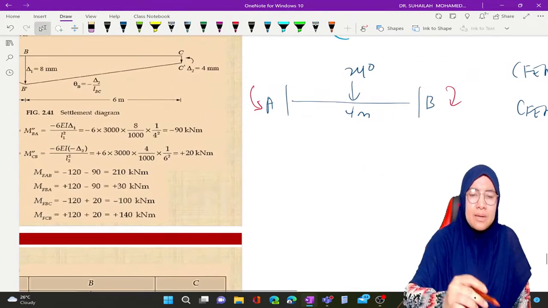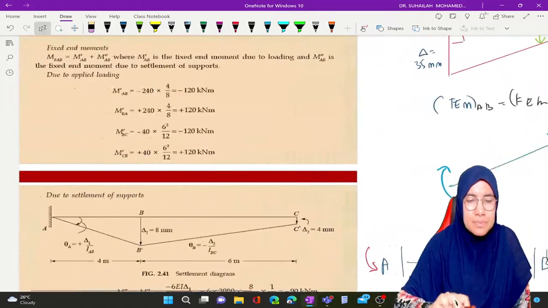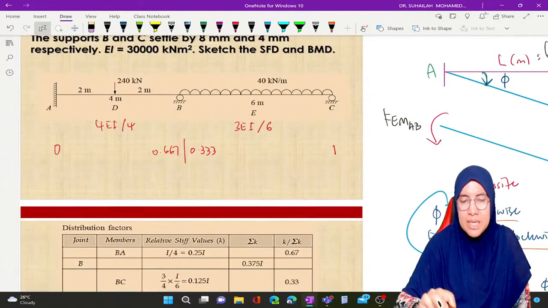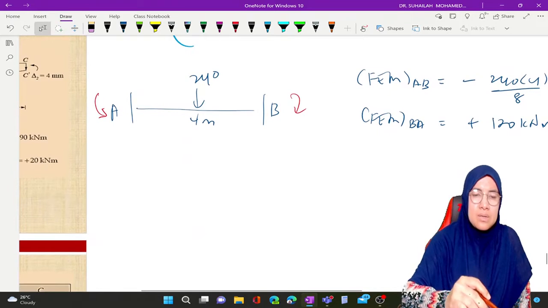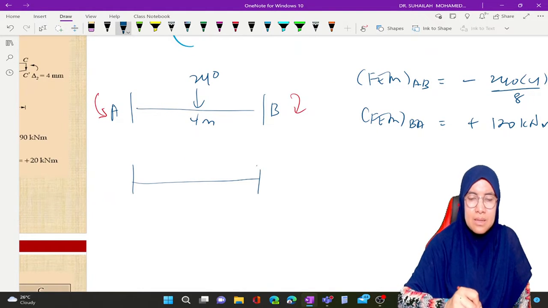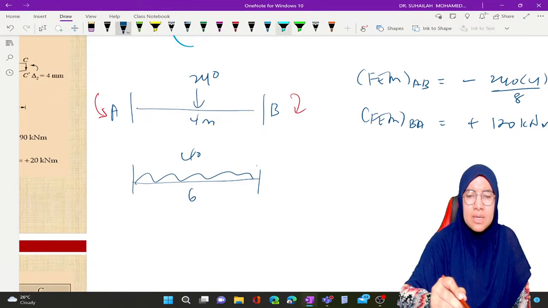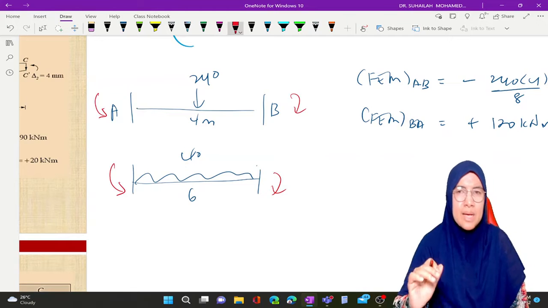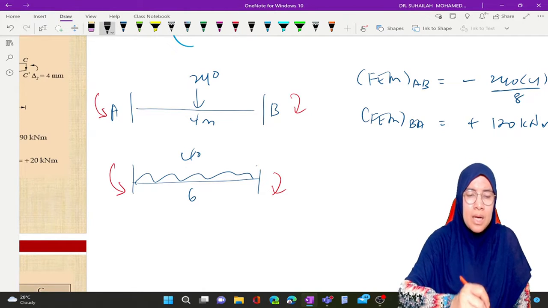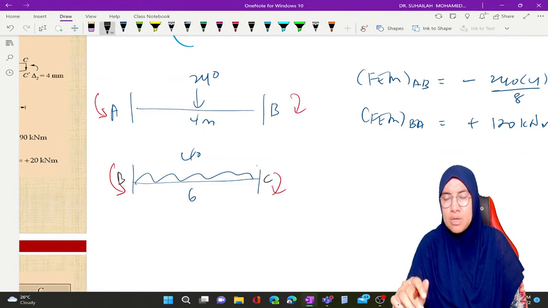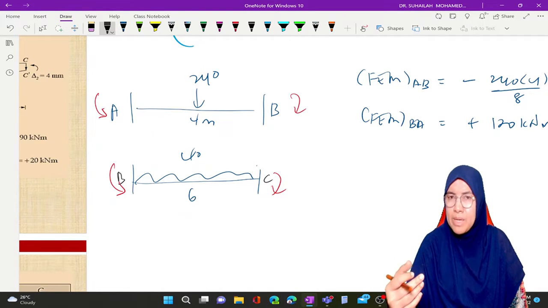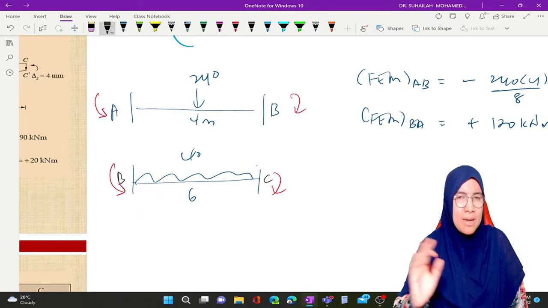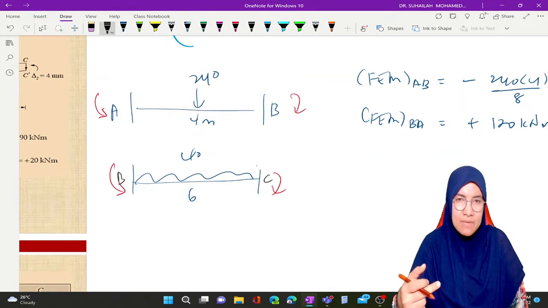Okay, and then for member BC, 40 and 6, this is 6 meter. So as I mentioned, even though B and C is roller, we can still analyze the fixed end moment by assuming both ends are fixed, and we will see together after this how to analyze this.